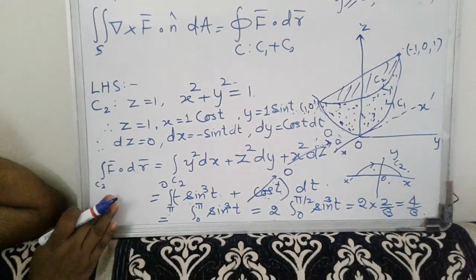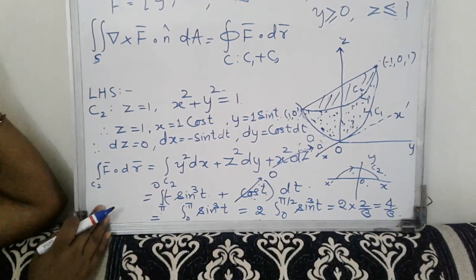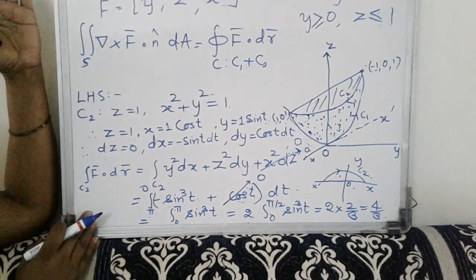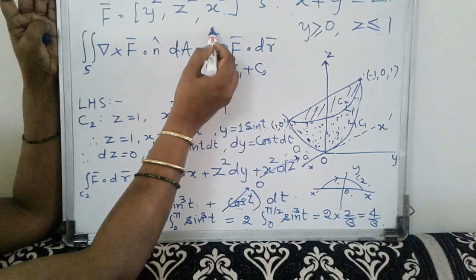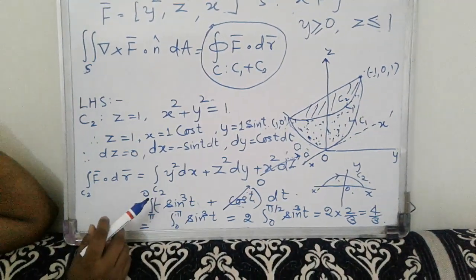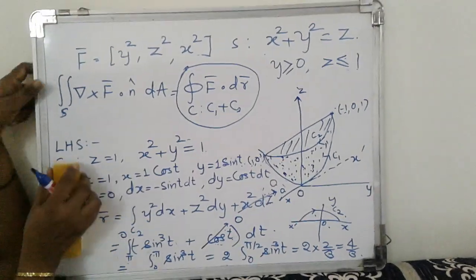So the value along the path C2 comes out to be equal to 4 by 3, and the value of the line integral along the path C1 is equal to 0.